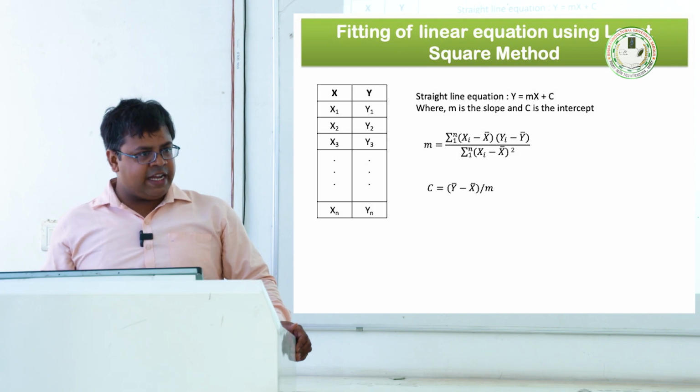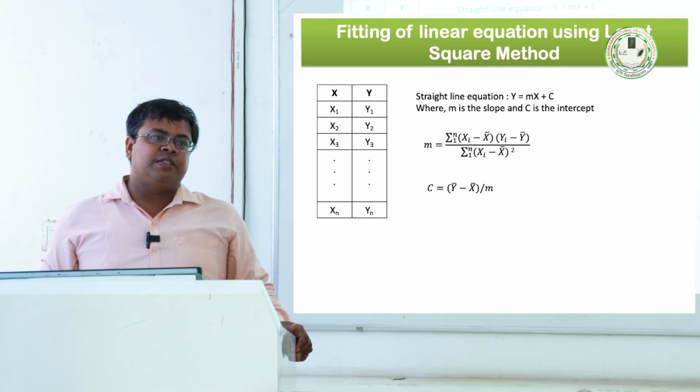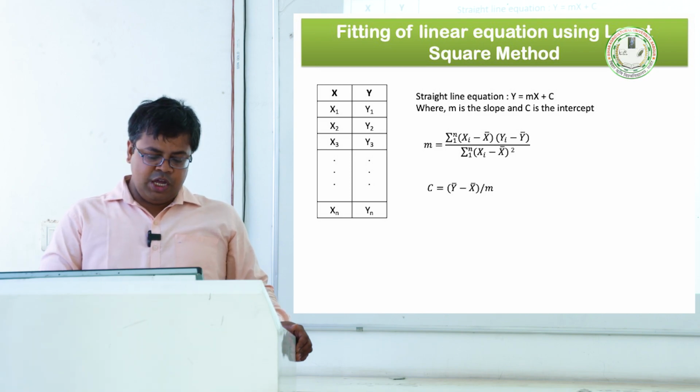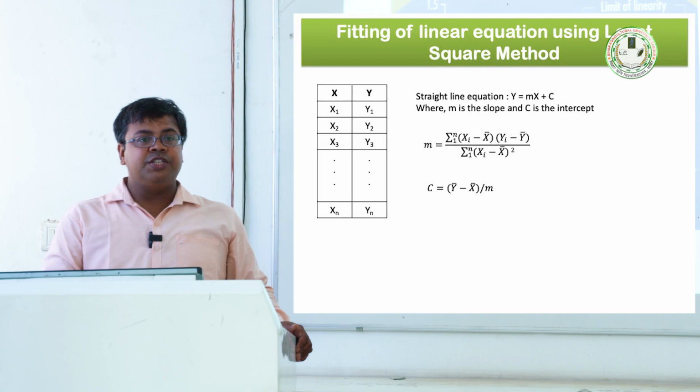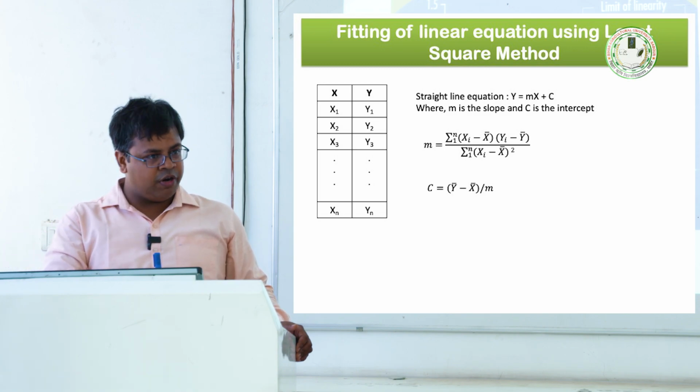Okay, in ideal cases the intercept will be 0, because where no element is there, there should not be any absorbance or emission if it is a pure system. So ideally the intercept must be 0. That means the line passes through the origin.